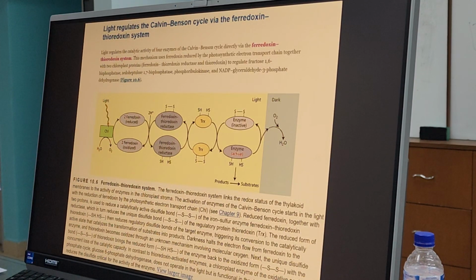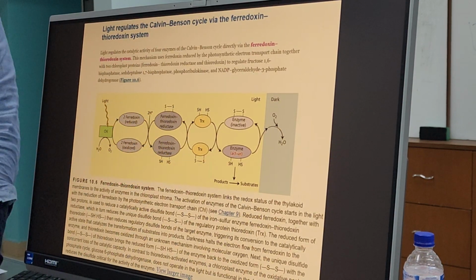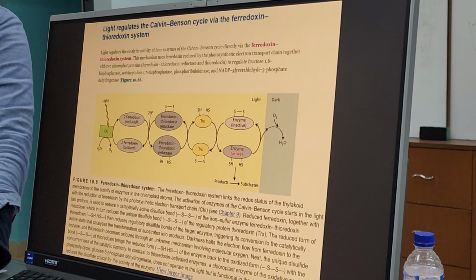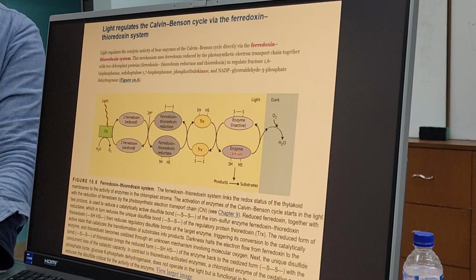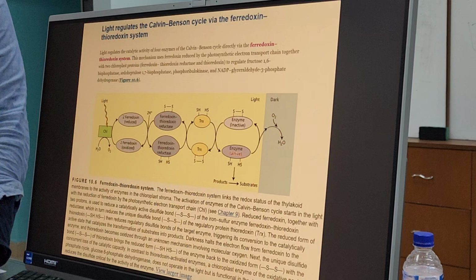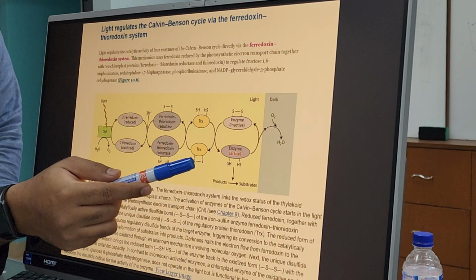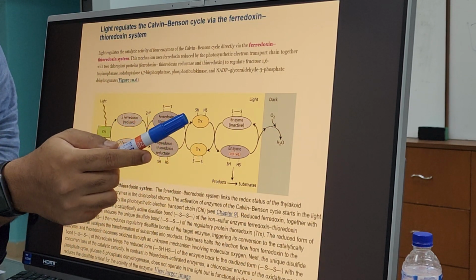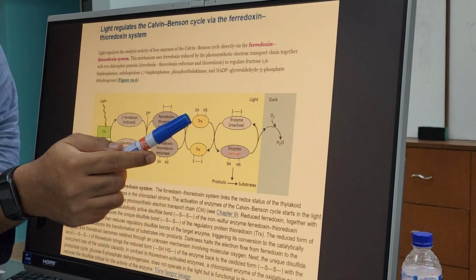How do you know this disulphide bond? This thing, S-S, the disulphide bond, and this disulphide bond can be reduced, meaning that it receives hydrogen. Okay, it receives from who? From ferredoxin. When it receives this, it will become the reduced form of thioredoxin, and guess what?